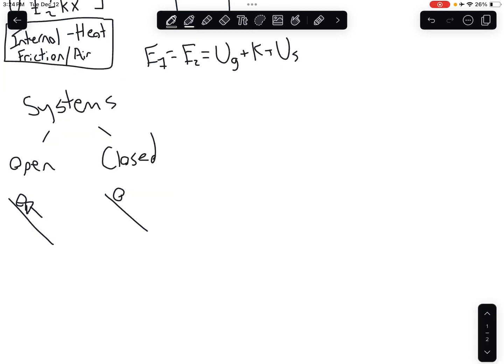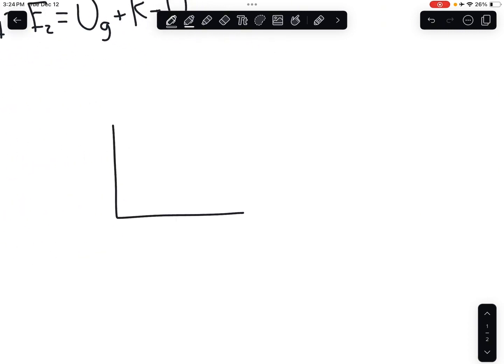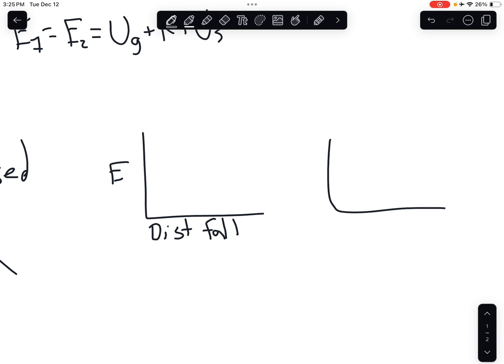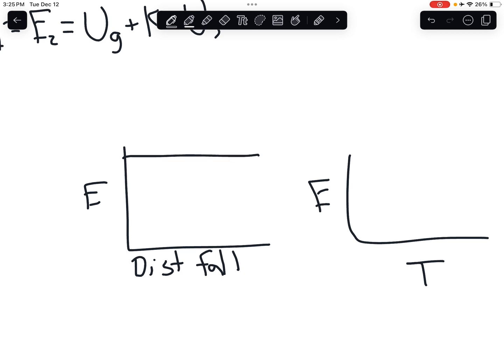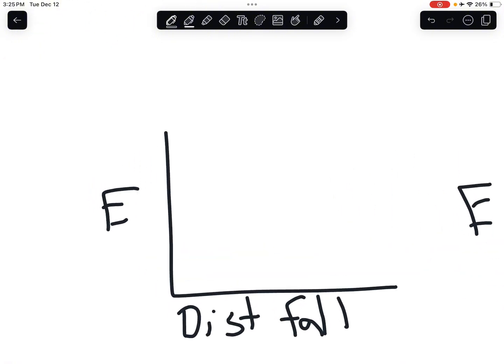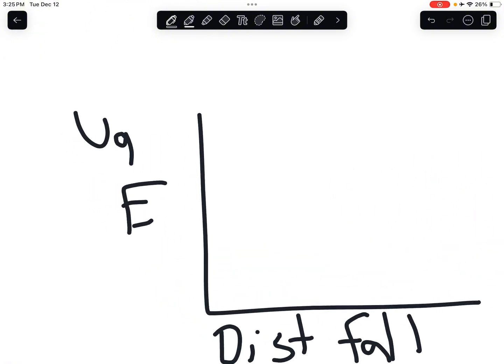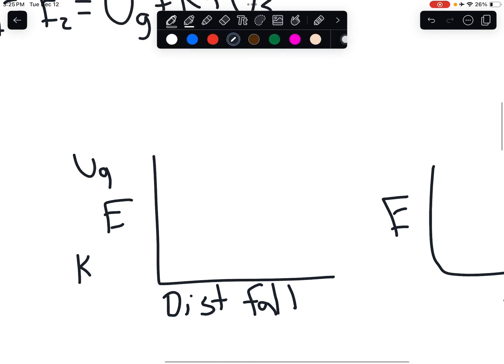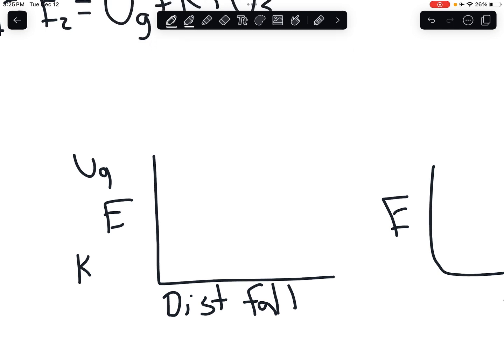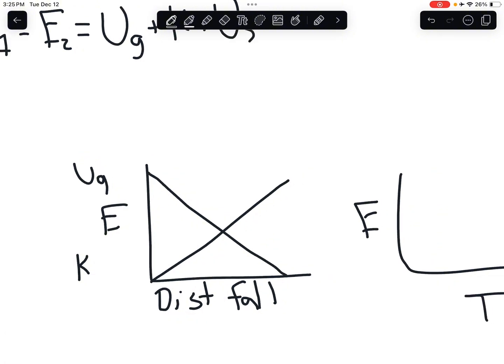Now, the next thing I would say you should know is energy graphs versus the distance fallen, so this is for a falling object, versus the graph between energy and time. So obviously the total energy will always just stay the same, but most of the time these graphs will ask you about a certain type of energy, which might be the gravitational potential energy or the kinetic energy. And so when it's the distance fallen, these graphs are linear, because as you fall, the energy is proportionate to that.